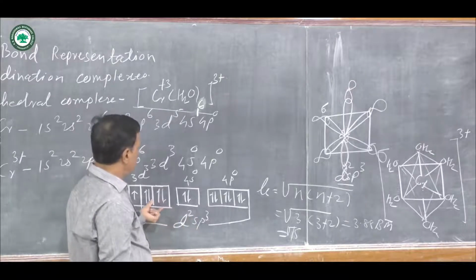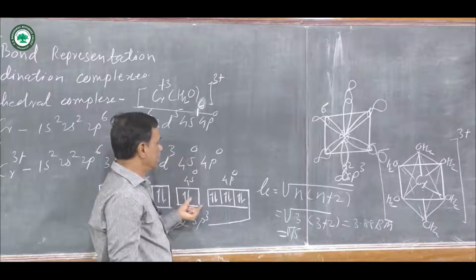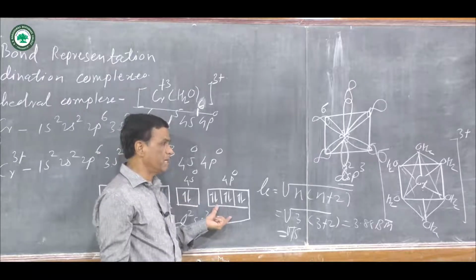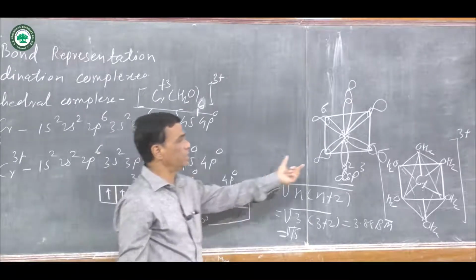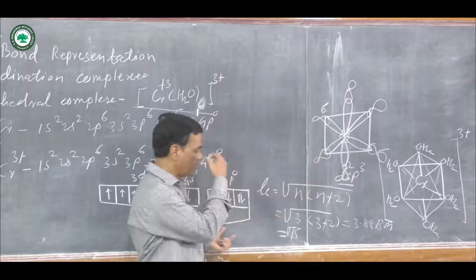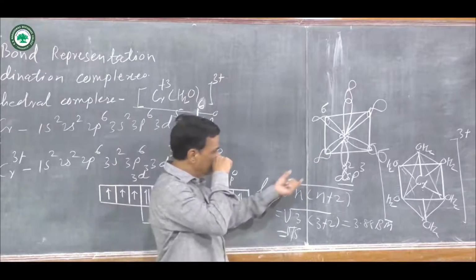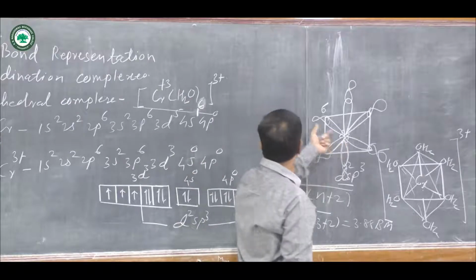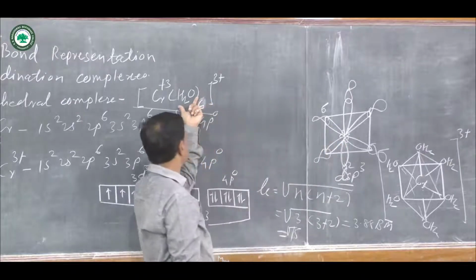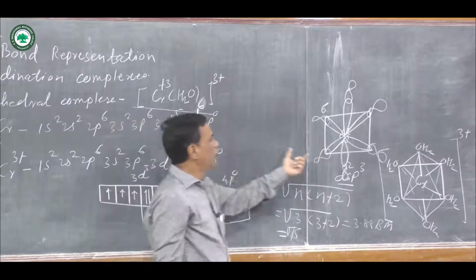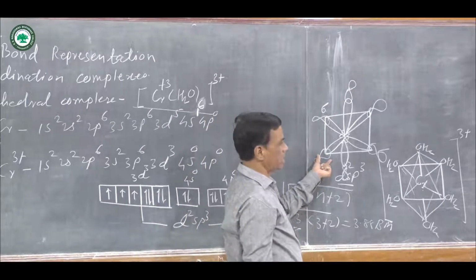When 2 d orbitals, 1 s orbital and 3 p orbitals combine, there is a formation of an equivalent set of 6 hybrid orbitals. Then these 6 hybrid orbitals overlap with the atomic orbitals of ligand H2O and 6 sigma bonds are formed.